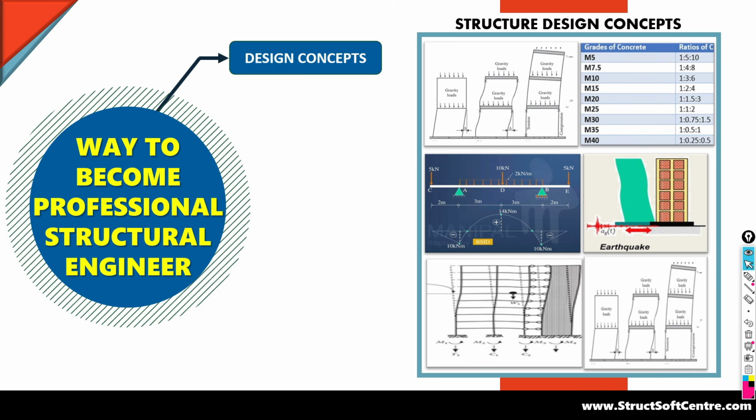Mathematically, how to design step by step, how to design different types of elements: beam, column, short column, long column, continuous beam, shear wall with boundary element, without boundary element, curved beams, ductile detailing, ordinary detailing, framing types, sway framing, non-sway framing. Many things are there, guys, and you need to understand all those things.